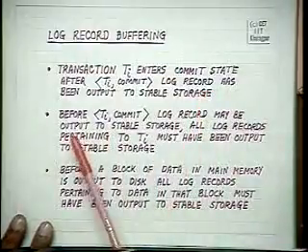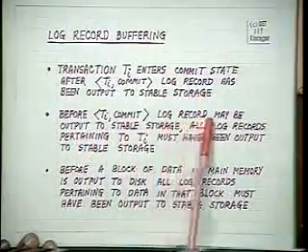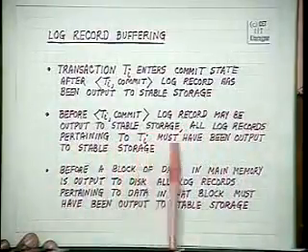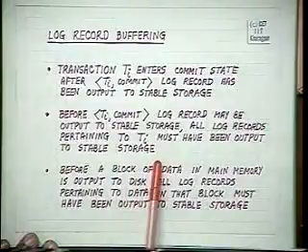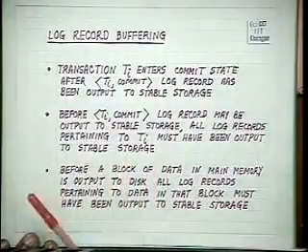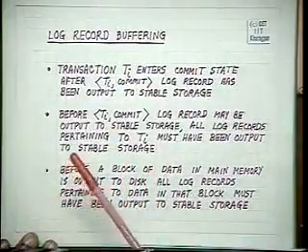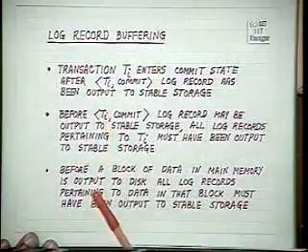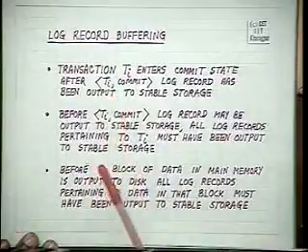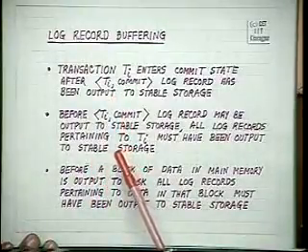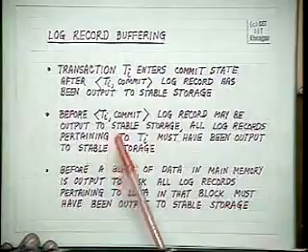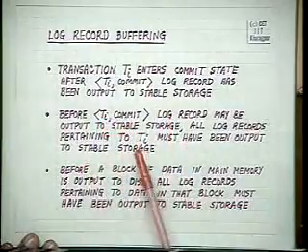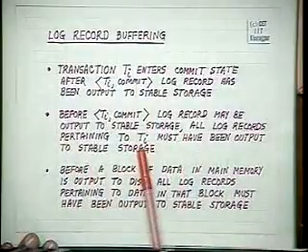The second point is, before the Ti commit log record may be output to stable storage, all log records pertaining to Ti must have been output to stable storage. Before Ti commits, due to log record buffering, we may have several blocks of log records in the memory, and we may not have output them into the stable storage yet. Now we cannot output Ti commit into the stable storage before outputting all the log records pertaining to Ti.